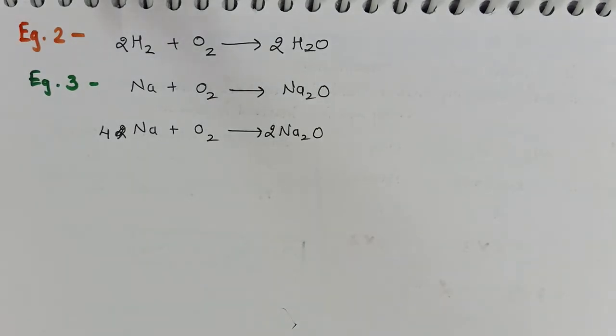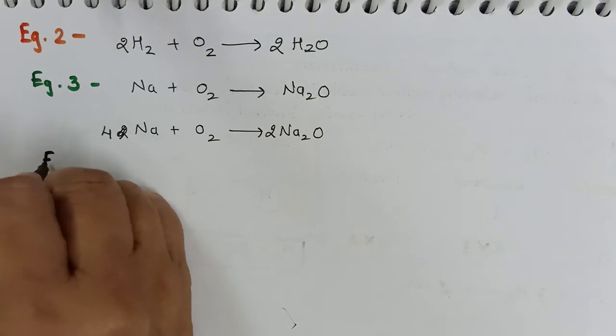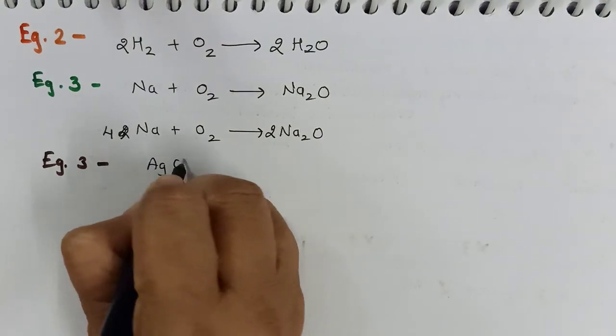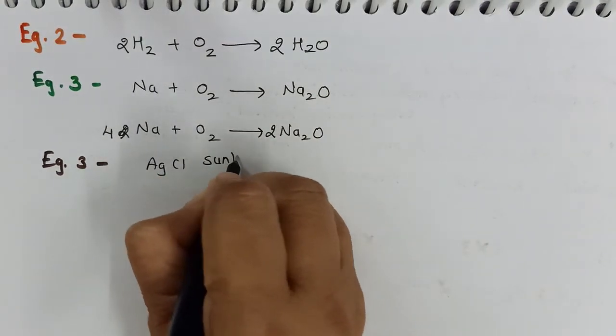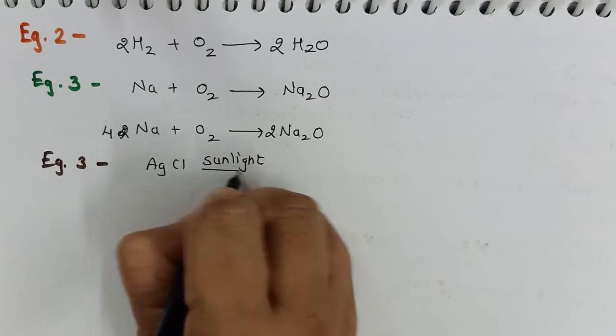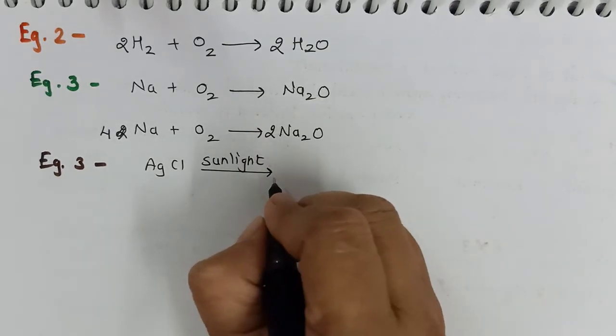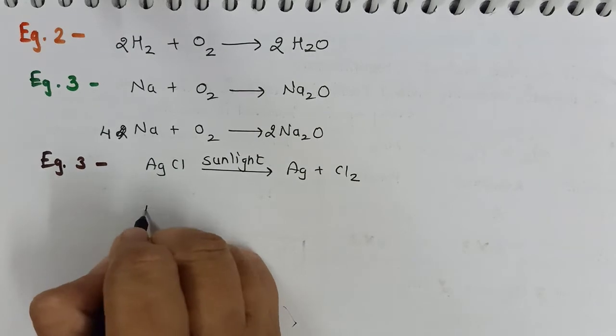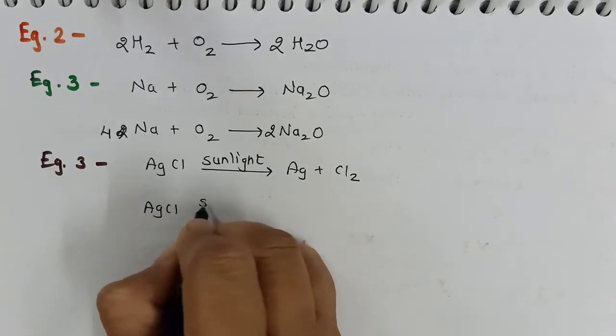Let us move towards the third example. Silver chloride, when exposed to sunlight, will give silver and chlorine. So I will write it again.